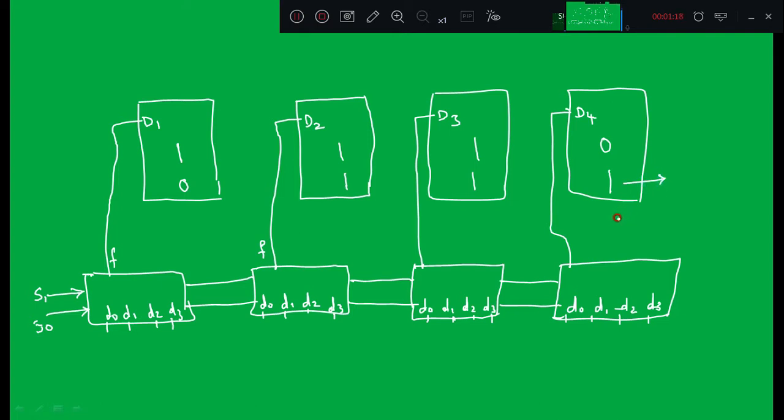This is the data which we got after shifting the initial content towards right once. Now we will see what happens to this data after shifting left.